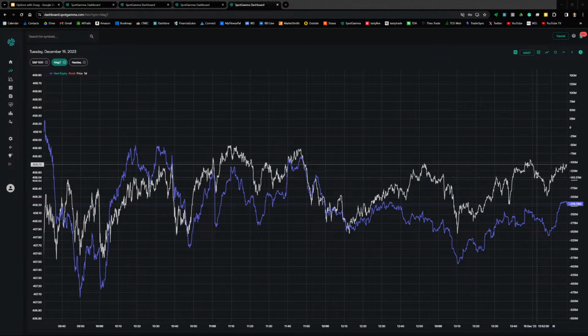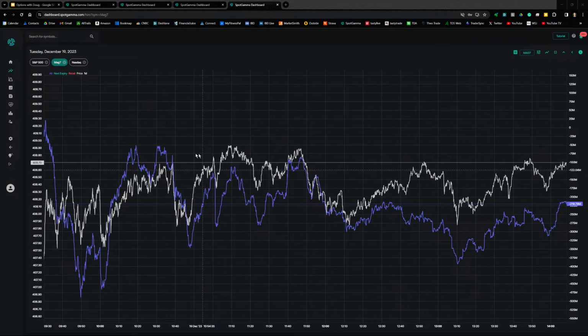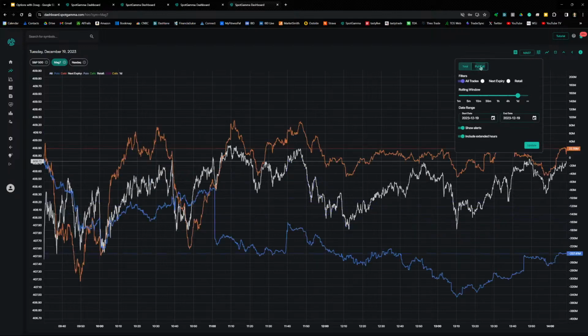So looking at the entire day, and that is really mostly driven from the move lower up until about 10 a.m. And net for the day, they are buying calls and buying puts. Put buyers more aggressive for the day.